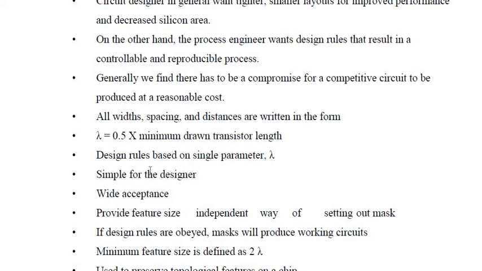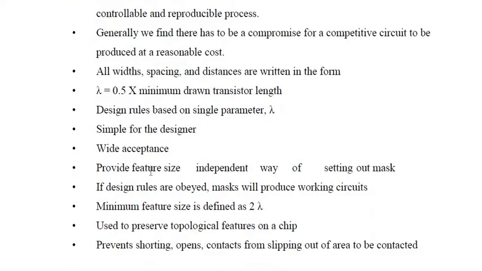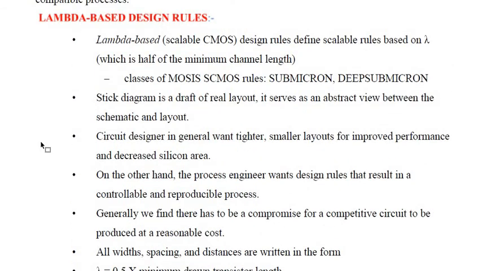The minimum feature size is given as 2 lambda and is used to preserve topological features on the chip. It prevents shorting, meaning short circuits or overlapping, and also prevents opens between terminals, and contacts from slipping out of the area to be contacted. So these are the key features used in lambda-based design rules.